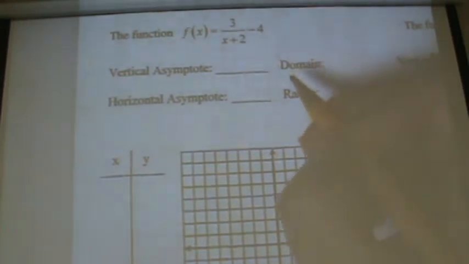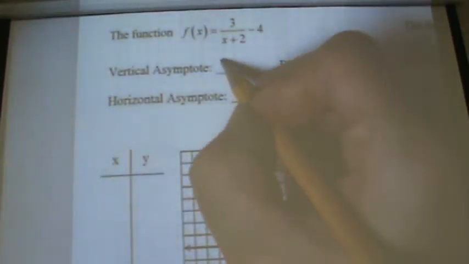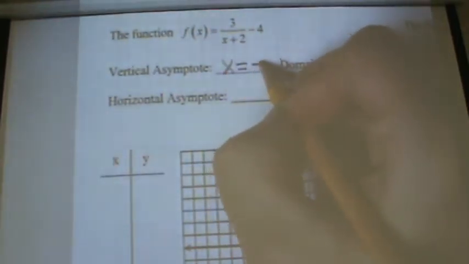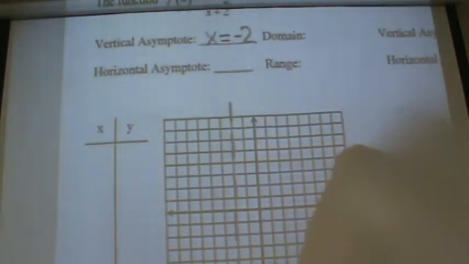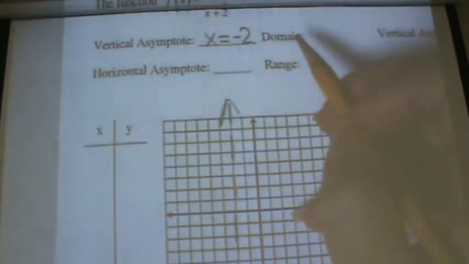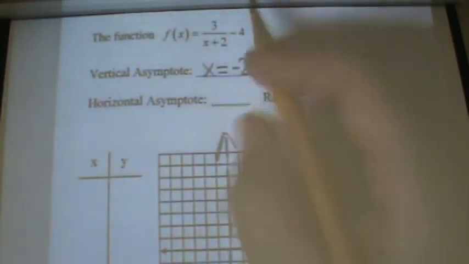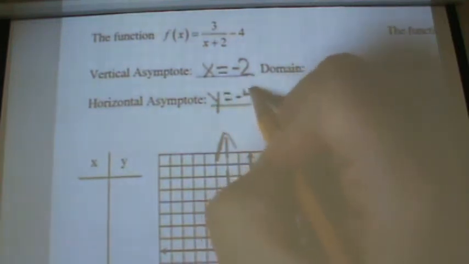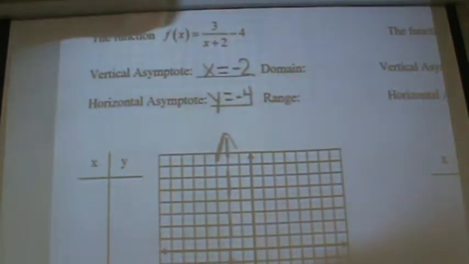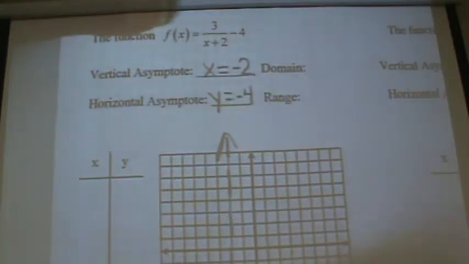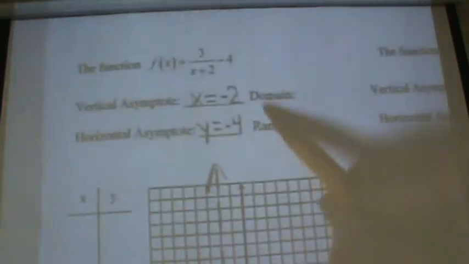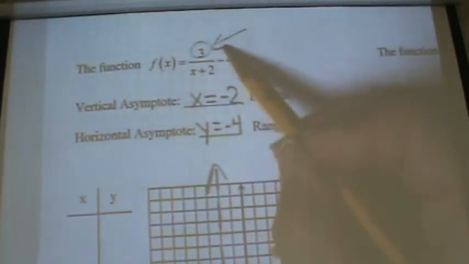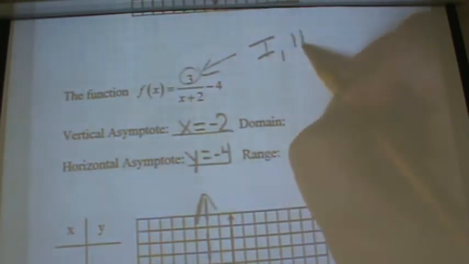Okay, how about this one right here? Help me out. This says +2, so what's your vertical asymptote? So the horizontal asymptote does not change, is that what you said? Yeah. That's a -4. In what quadrants are you gonna be in? If this is positive, it's gonna be in quadrant 1 and 3.